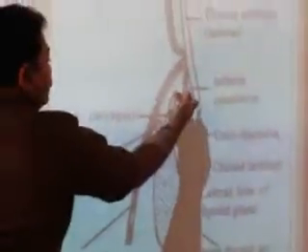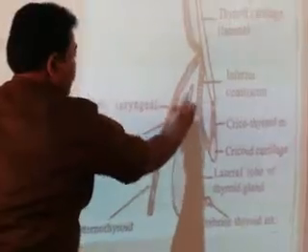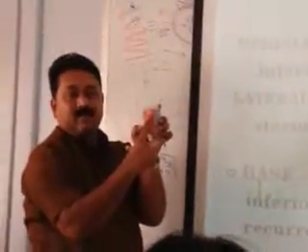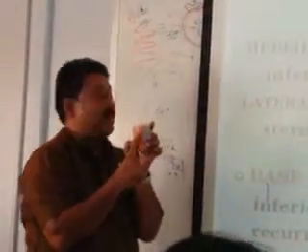Medially, inferior constrictor, and laterally sternothyroid. Laterally, here one muscle is there, the sternothyroid muscle. Those are the relations of the apex of the thyroid gland.